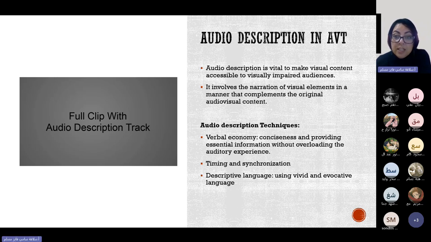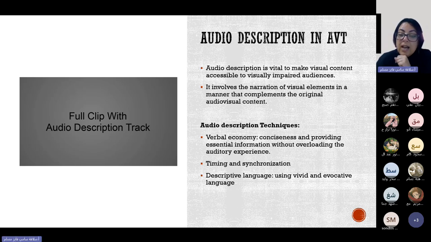Timing and synchronization: because this audio description happens between scenes, the time limit is very short, so they need to provide the information that is very necessary for the visually impaired people to know.